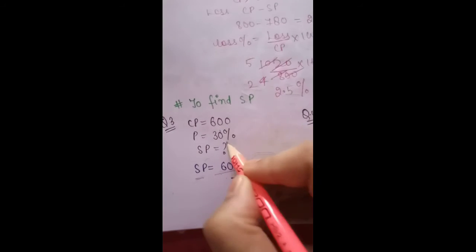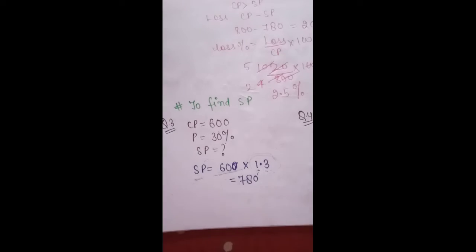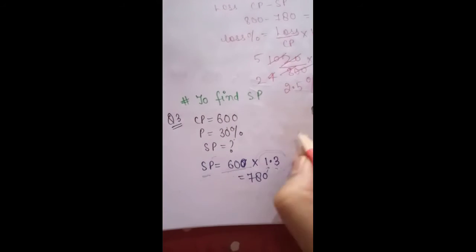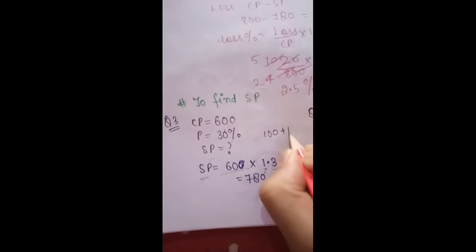We have a profit of 30, so 100 plus 30 is 130. So 130 upon 100 is equal to 1.3. This is the multiplication factor. By multiplying this with the cost price, we get the selling price.